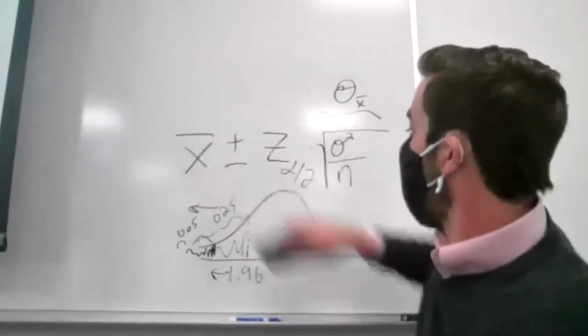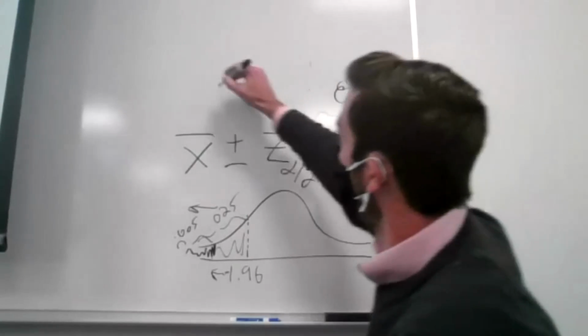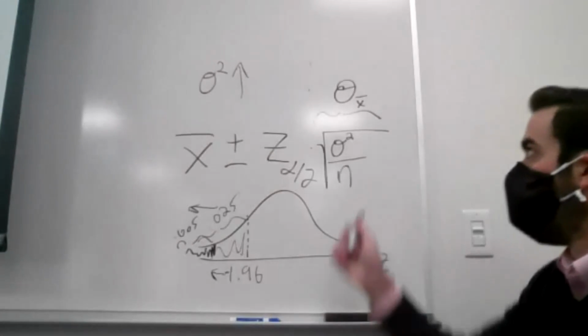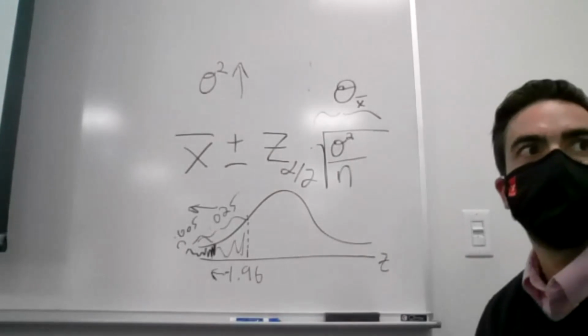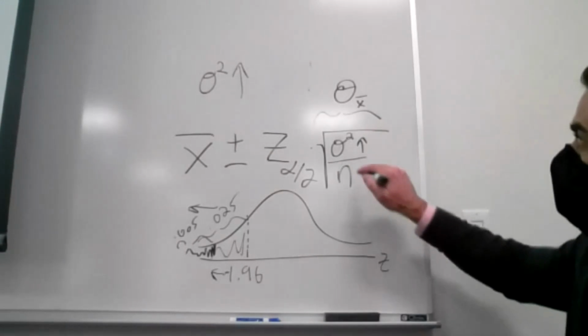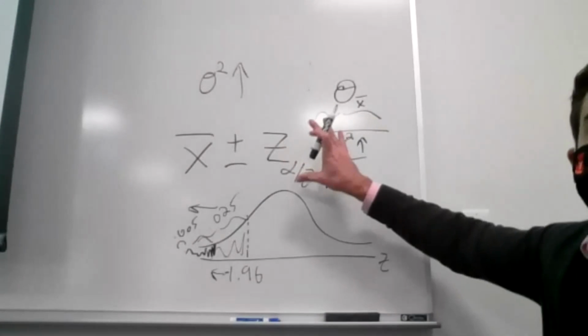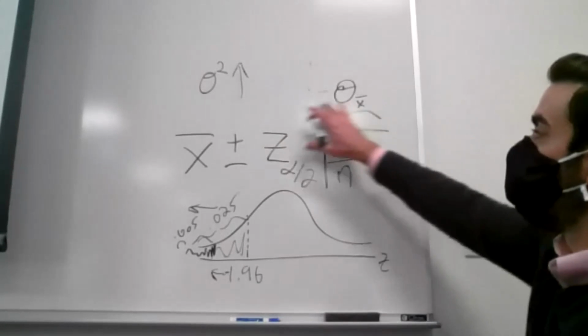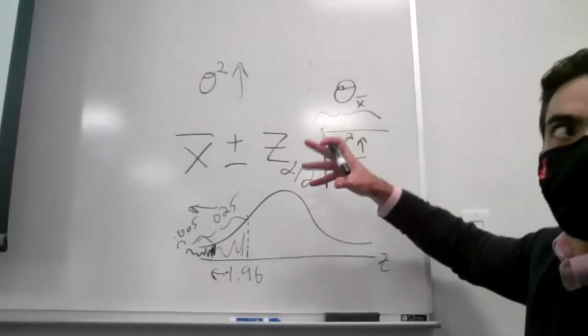So what happens to that confidence interval if instead our original data has a higher variance, right? Well, if this is higher, what's going to happen to this margin of error? We said we can call this our margin of error. What's going to happen to this? Well, it's going to get larger as well.